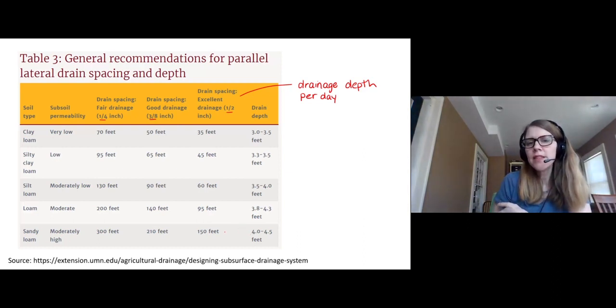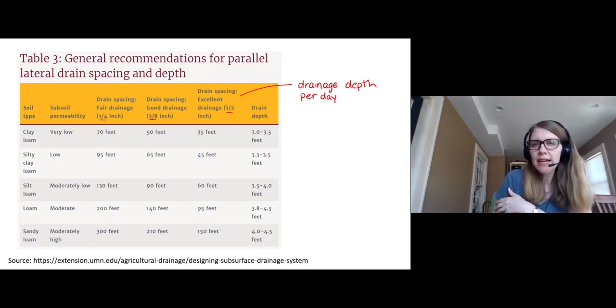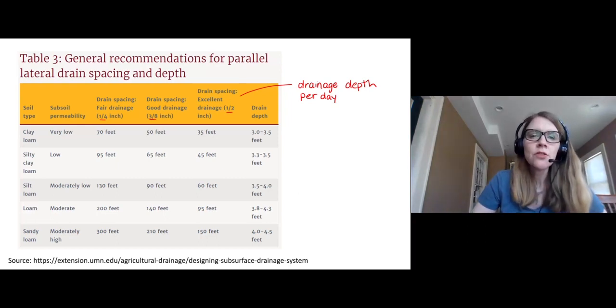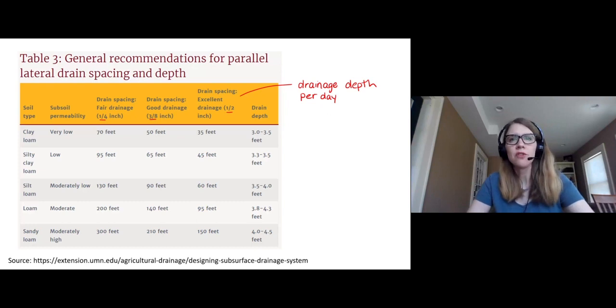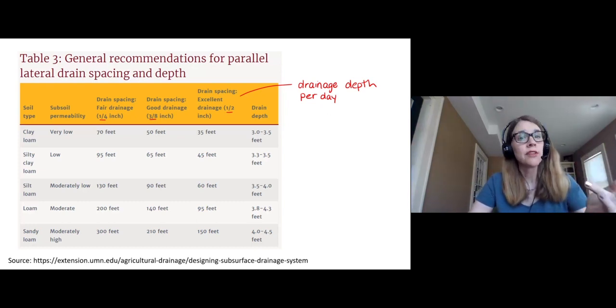You can put that a little bit deeper and a bit farther apart and still have the same amount of drainage effectiveness. But those are very general guidelines. You can also, in most states, find more specific recommendations that don't just go by general soil type, but in fact go by soil series.